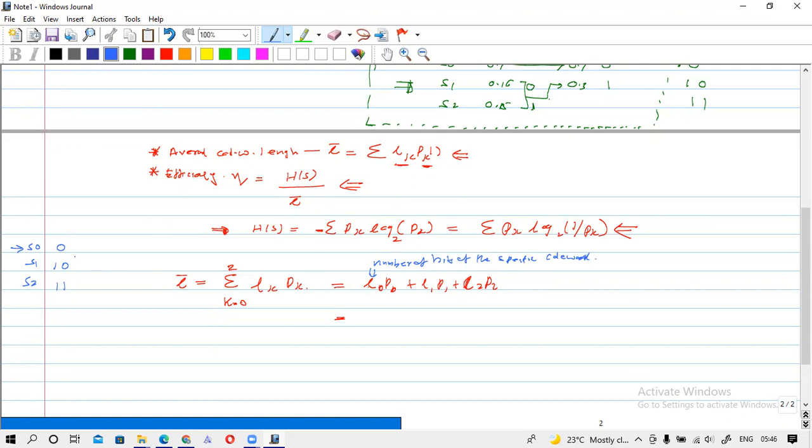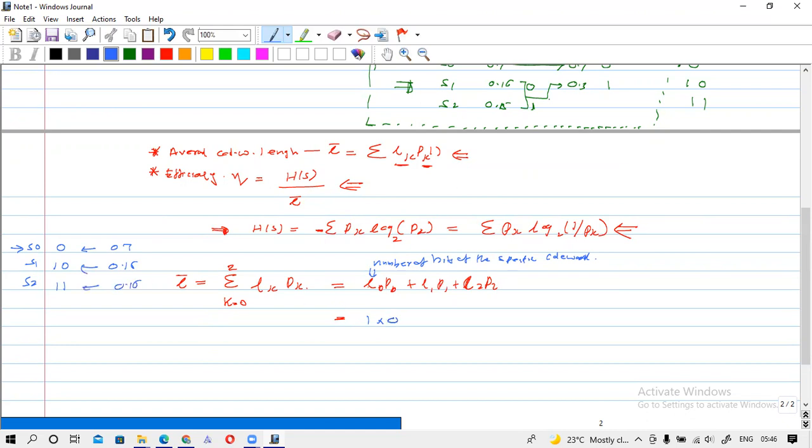So here L0 is 1, and the probability for this specific symbol is 0.7. In the other two cases it is 0.15 and 0.15.